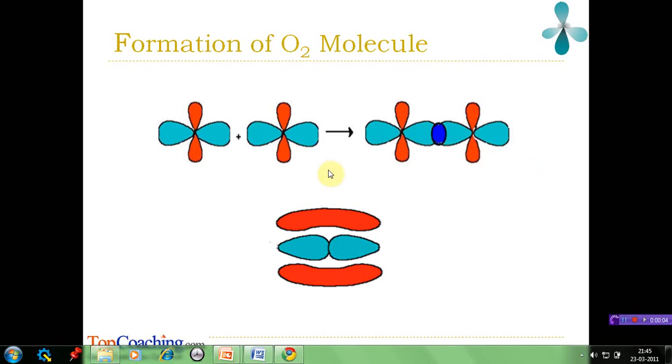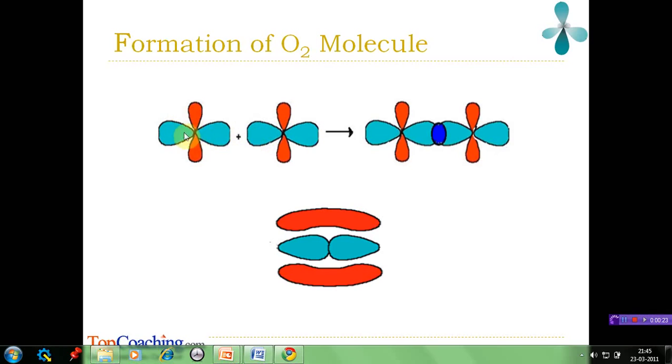We can easily understand the formation of bonds in oxygen molecule with the help of this diagram. This blue orbital and this red orbital, these two are the half-filled atomic orbitals of an oxygen atom. These are the two half-filled orbitals of another oxygen atom.